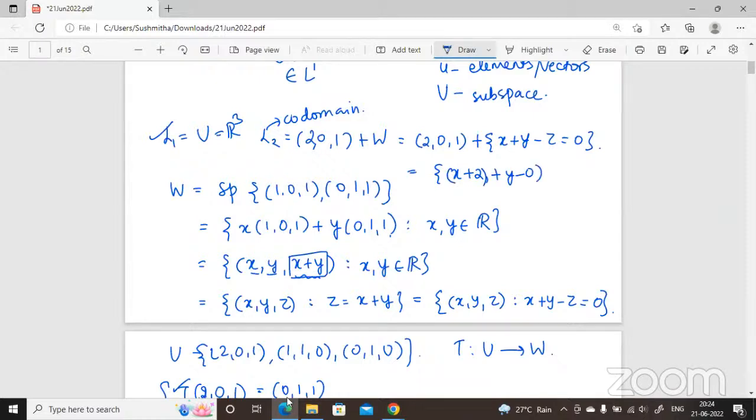Maybe we'll write it like this, as you said: X plus 2, Y, Z plus 1, such that X plus Y minus Z is 0. Right? Minus Z plus 1. Yeah, I shouldn't be writing X plus Y minus Z. I'm abusing notation here. This X, this Y, and this Z, right?